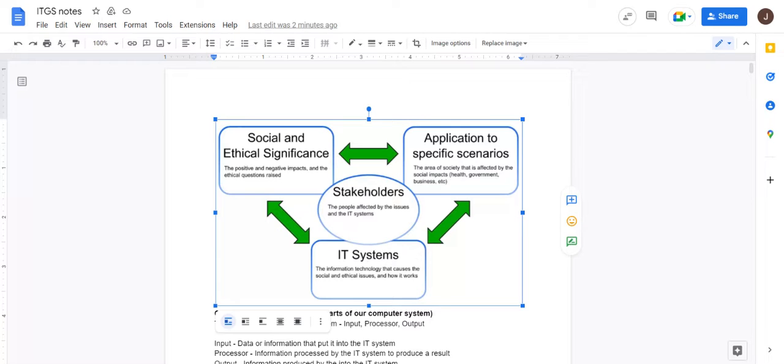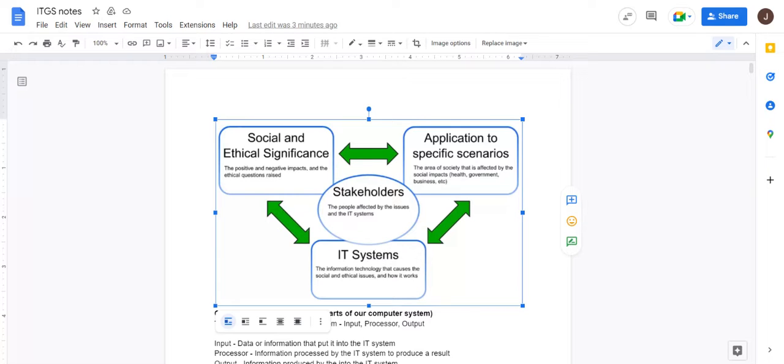But the thing is that we also need to consider the social and ethical concern. You may be confused, like what's the difference between them? The social concern is the concern that mainly causes problems to the society as a whole, while the ethical concern is mainly the problem that results in morality.